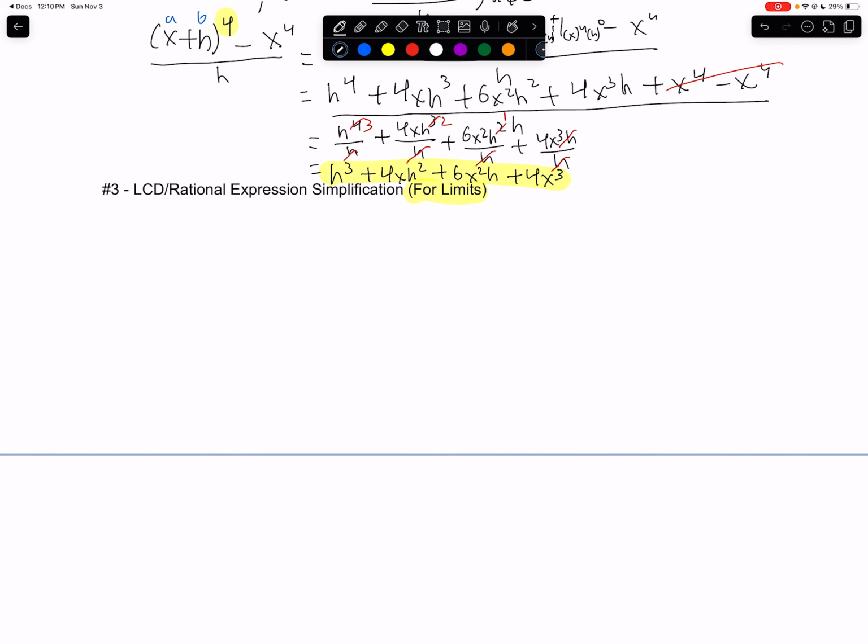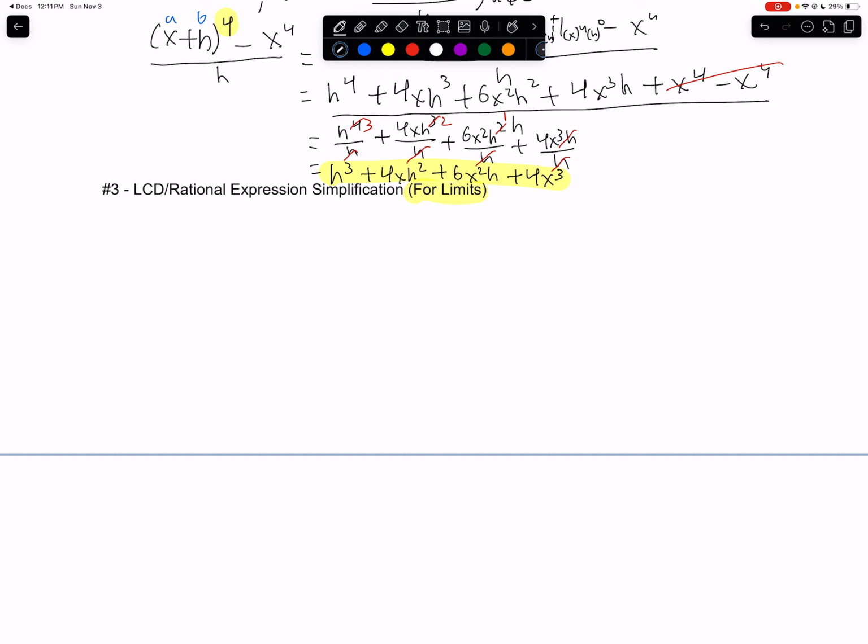Okay, so now LCD and rational expression simplification. This is really for limits, so you're going to learn a little bit about evaluating limits. At first you are only going to be using algebra and some manipulation techniques to solve them, using solely your knowledge of algebra and trigonometry. Then later you'll learn a rule called L'Hopital's rule, which makes it much easier.